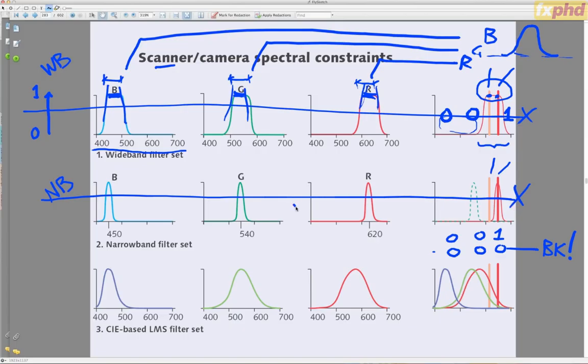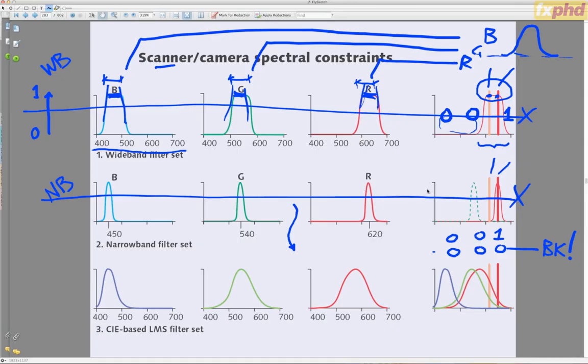Now, if you carry this argument to its conclusion, you realize that we don't really have a recipe to determine what those filter sensitivity curves should be. But we do have a test, whether they succeed or fail.